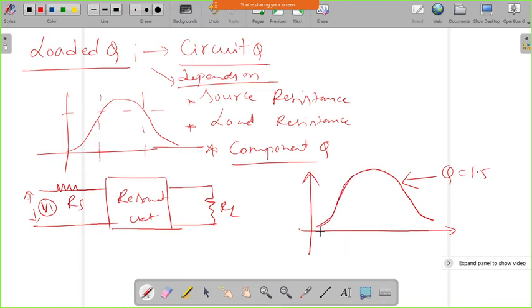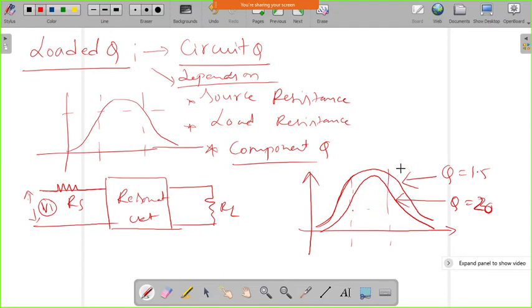If I go on increasing the Q, this will reduce the passband range. So for Q equal to 1.5 it has a wider passband, and similarly for a Q equal to 20 or 25, it will reduce the passband range.